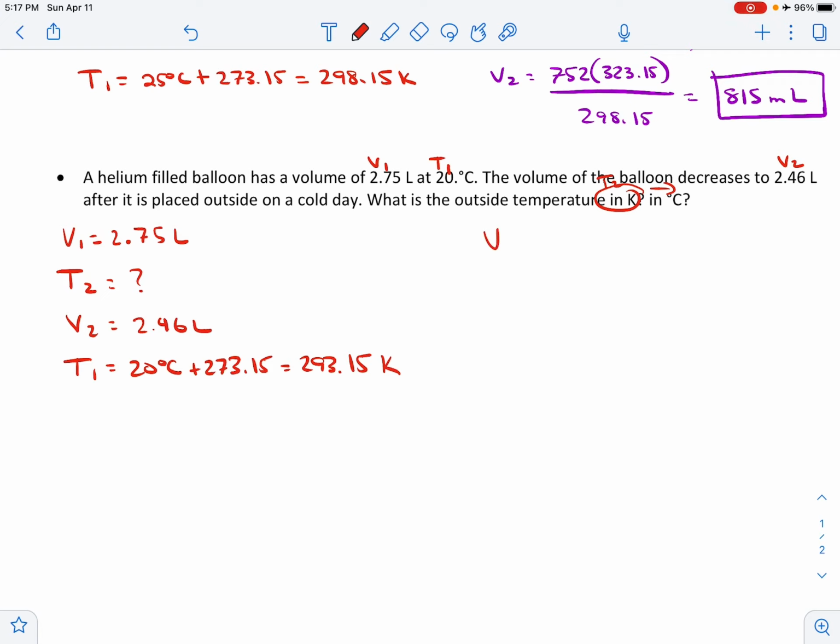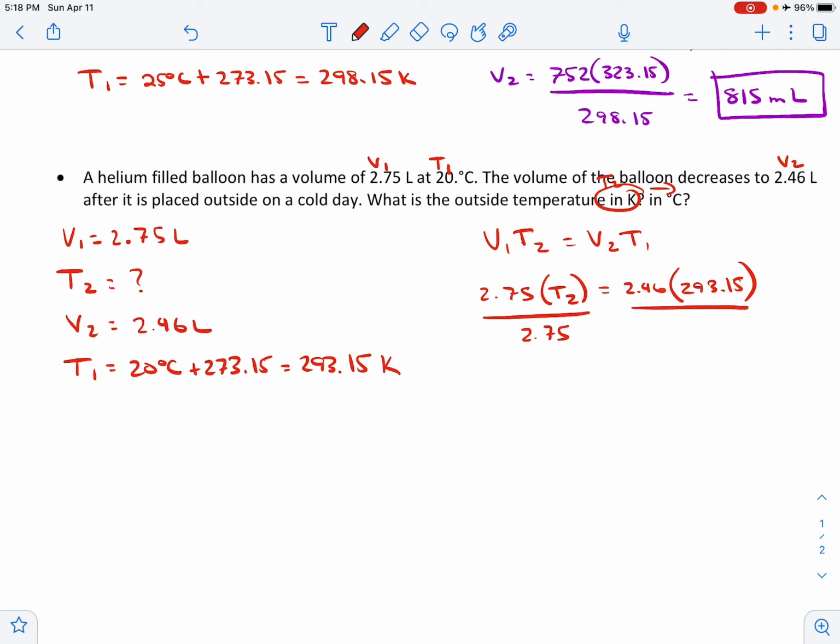Plugging it in, we've got V1 T2 equals V2 T1. We know we have 2.75, we're looking for T2, and we've got 2.46 times 293.15. When we solve this, we're going to divide by 2.75 on each side to get our temperature.